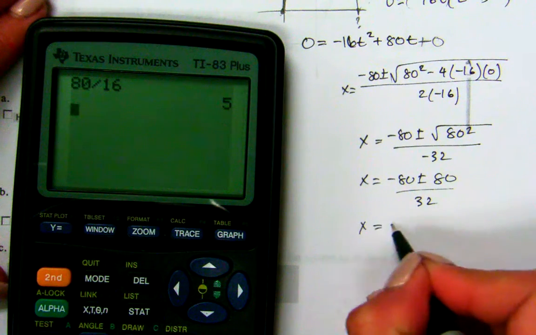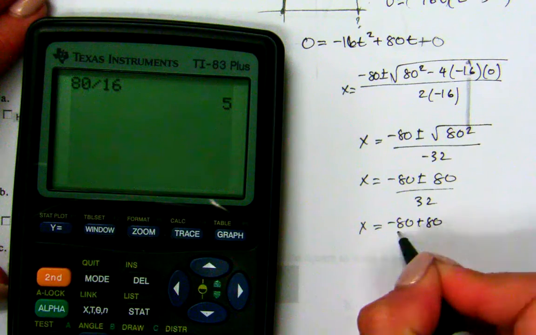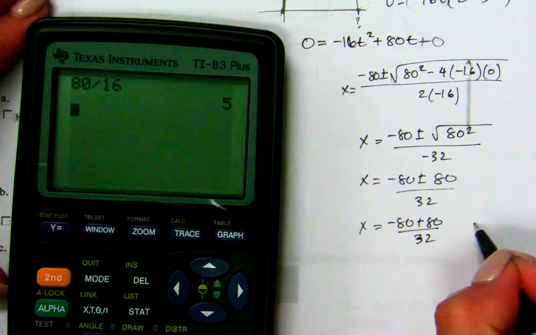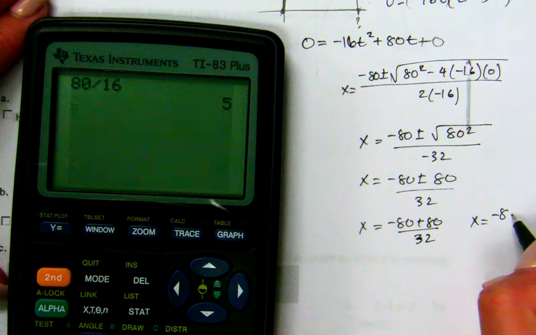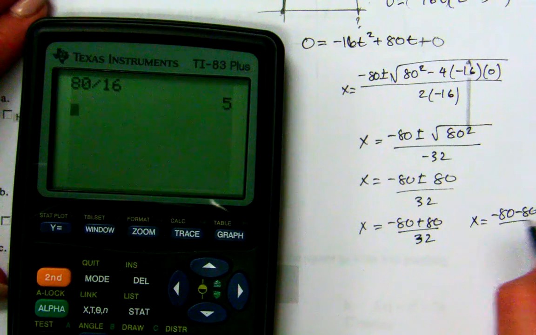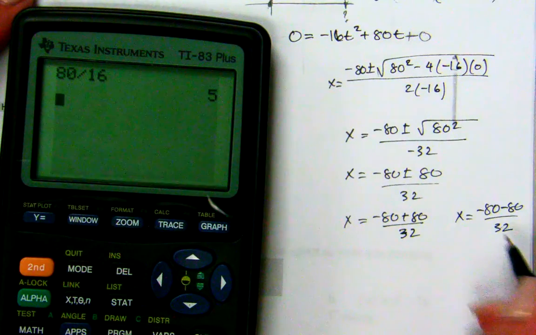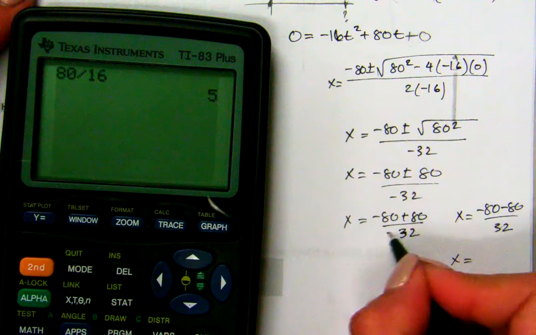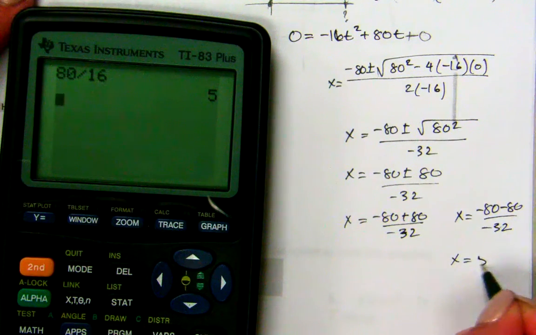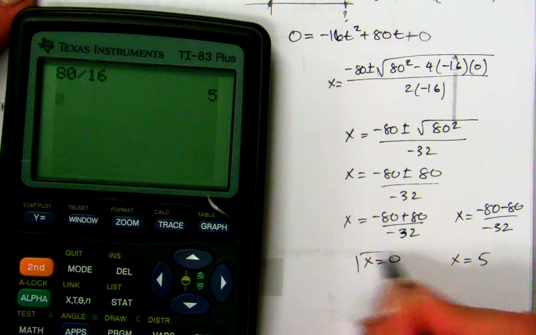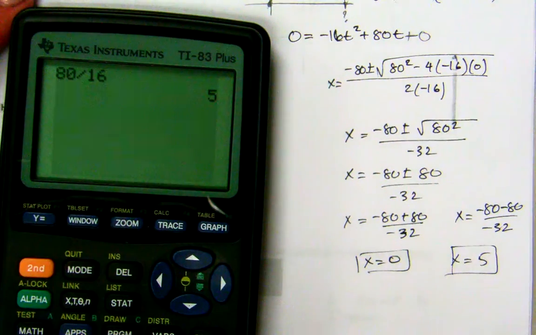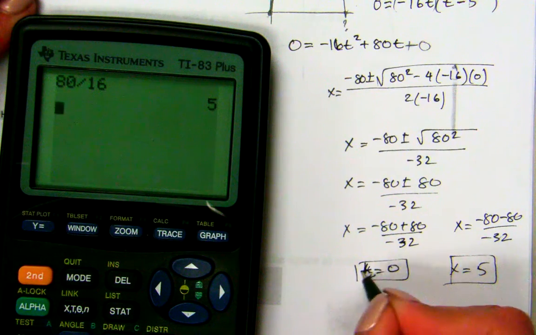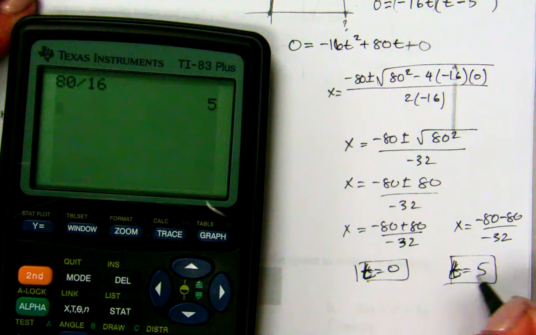So x is going to equal negative 80 plus 80 divided by 32, which is just 0, or x is equal to negative 80 minus 80 divided by 32, which is actually going to give you your 5. Oh, sorry, was that negative 32? I dropped a negative. So this is going to be positive, and x is going to be 0. Either case, it doesn't matter which, you get time, sorry, I used x instead of t. You get time equals 0 or time equals 5.